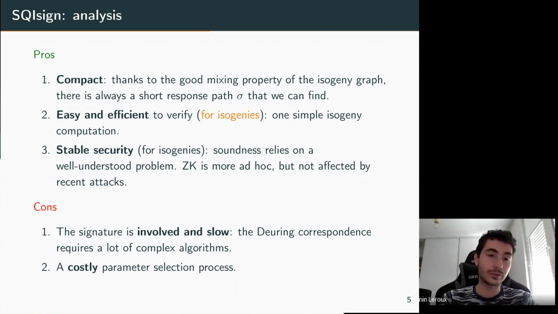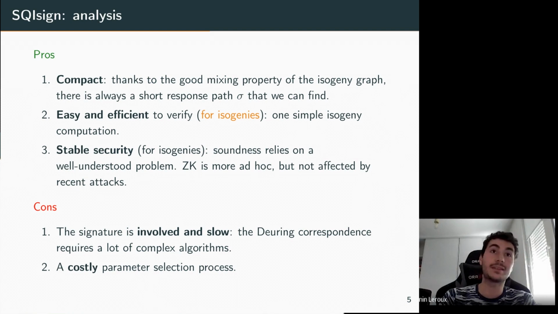And we also have somewhat stable security. Once again, it's in the world of isogenies. You may be aware that SIKE, one of the schemes that was submitted as a KEM for the NIST competition, was broken. So you may wonder why I said that the security is pretty stable, but it turns out that the core problems of isogeny-based cryptography, the isogeny problem and the endomorphism ring problem, are really unaffected by these attacks.